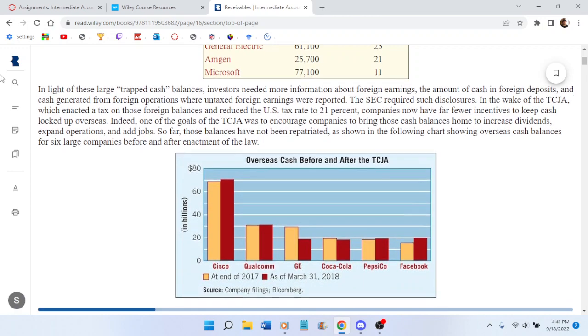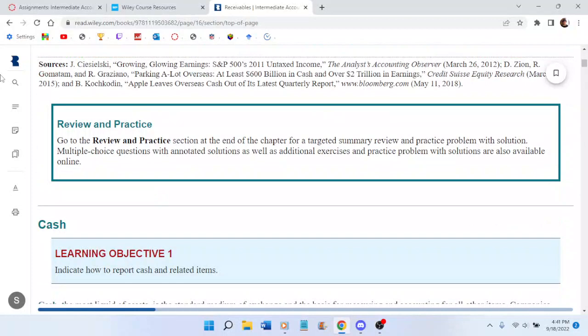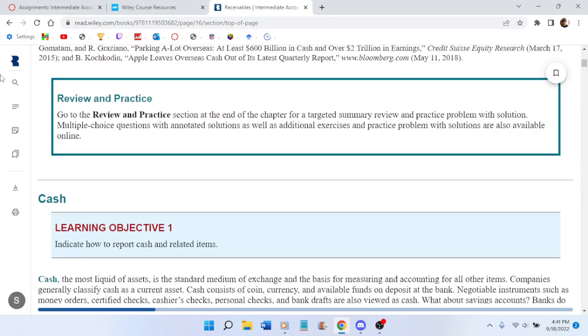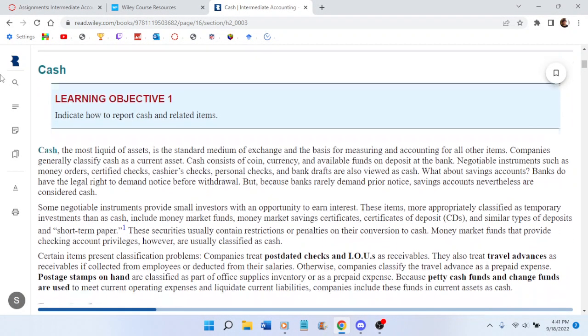You know what, I'm gonna skip this stuff. Indicate how to report cash and cash-related items.